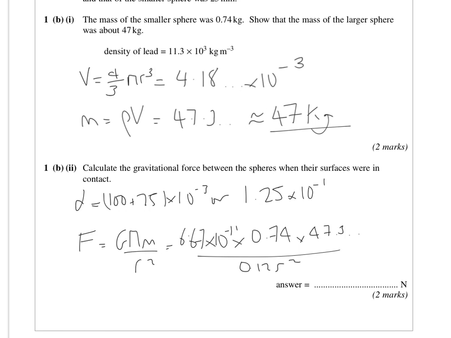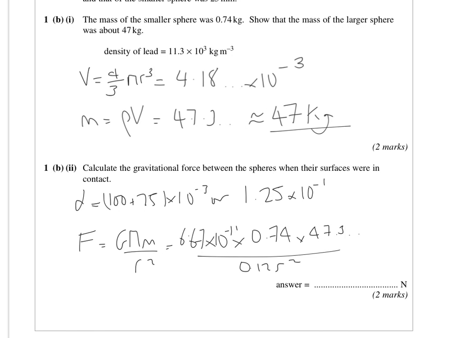So let's calculate that to start with. 100 times 10 to the minus 3, cubed, times by pi, times by 4 divided by 3, times by 11.3 times 10 to the 3. Okay, so we've got the mass 47.333.